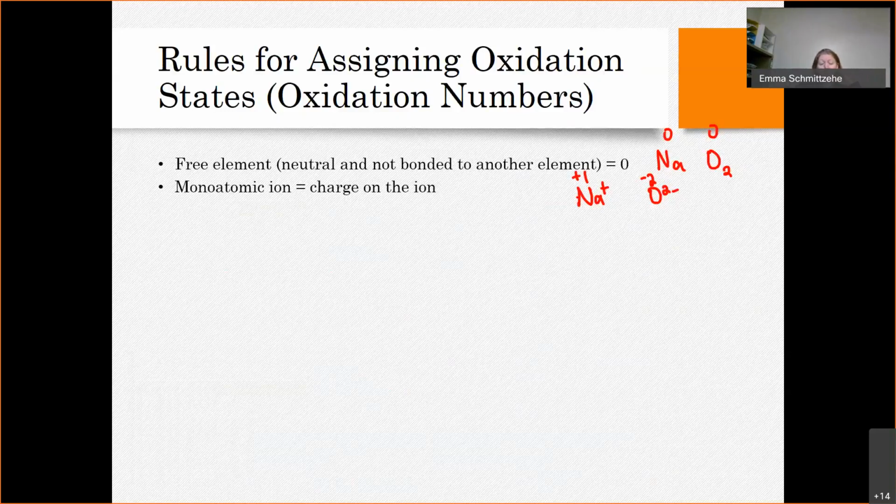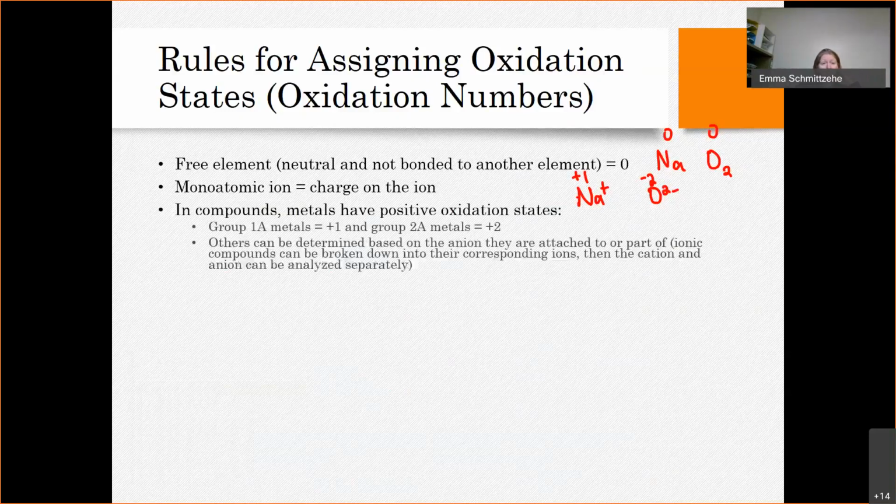Next, what's helpful to know for assigning oxidation states is that if you have a compound and that compound has a metal, the metals always have a positive oxidation state. When I say positive, it could be +1, +2, +3, and so on, but it is positive, not negative.